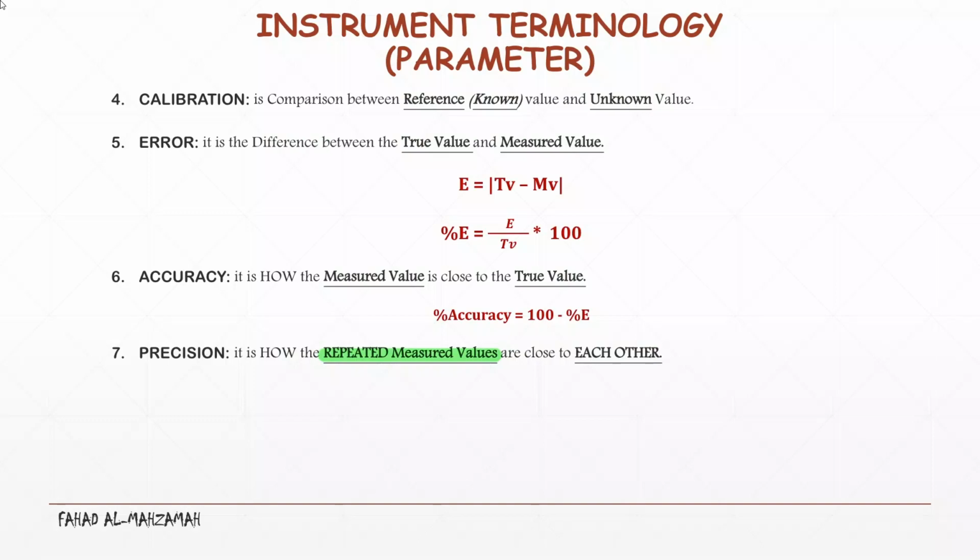Is it to the true value? No, they are close to each other. So, the repeated measured value for the same input. For example, if you check 10 degrees Celsius 5 times, and all of these five measured values are close to each other, for example, each time you get 10, 10, 10, 10 for the whole repeated measurements, I can say that this device has high precision.